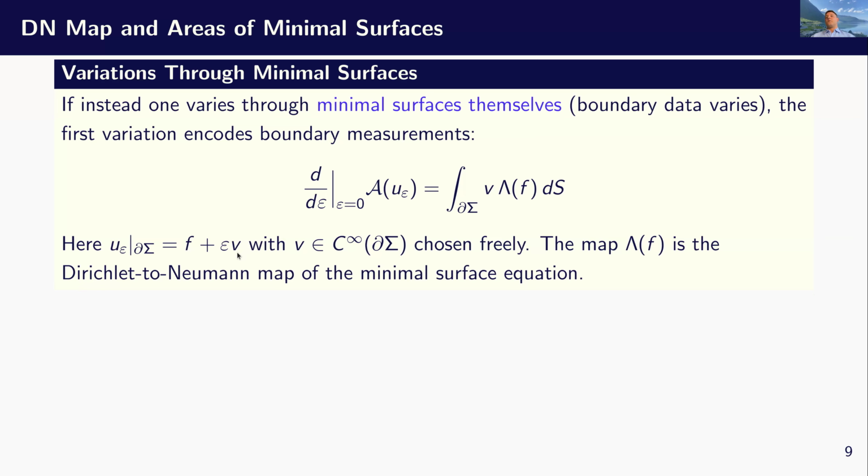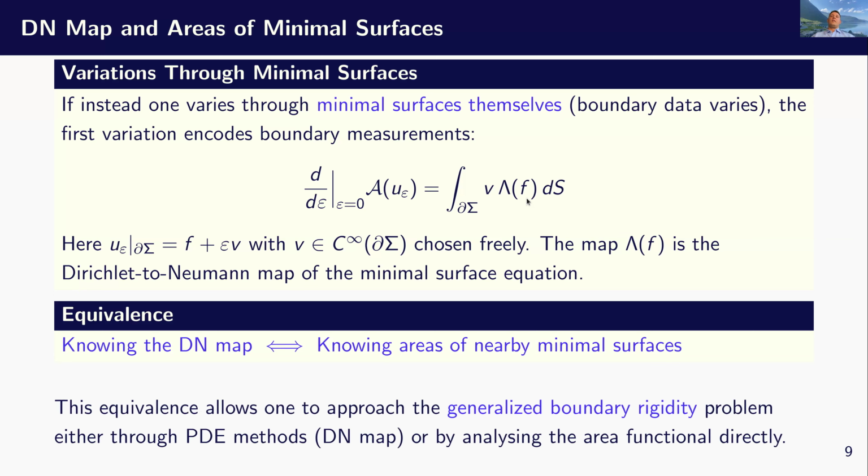So from this left-hand side, you can choose v freely. It means that you actually get this DN map applied to this arbitrary f. So now we have this important equivalence. Knowing the Dirichlet-Neumann map is equivalent to knowing areas of nearby minimal surfaces.